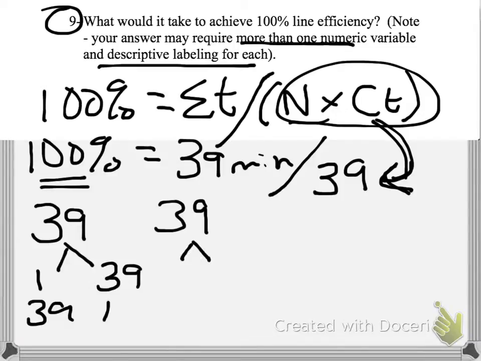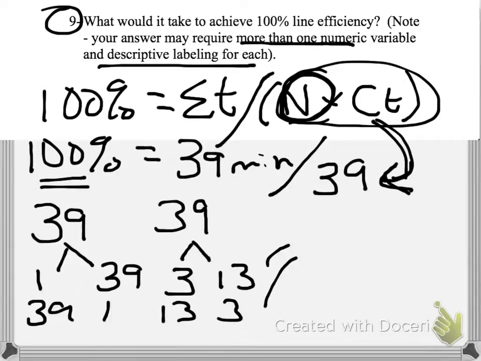And let's keep in mind that our number of workstations needs to be a whole number, because we can't have fractions of a workstation. So we need two other whole numbers, or at least one other whole number, in factoring 39. And so if we look at 3 and 13, or 13 and 3, 13 times 3 does equal 39. So we could use either of these as cycle time and workstations.